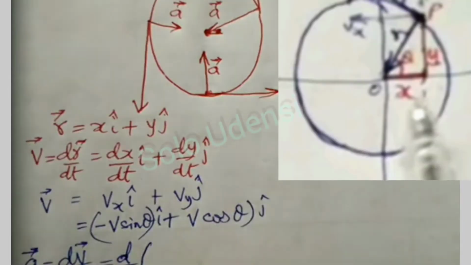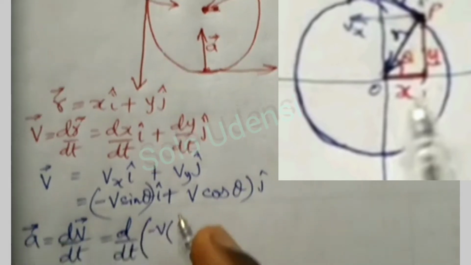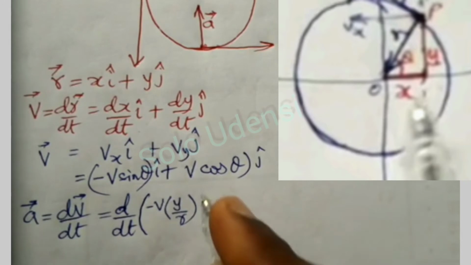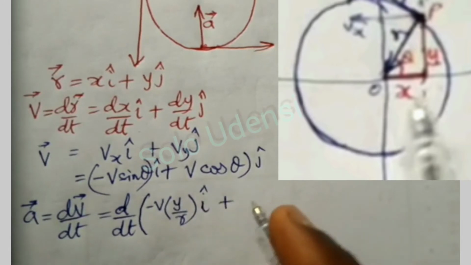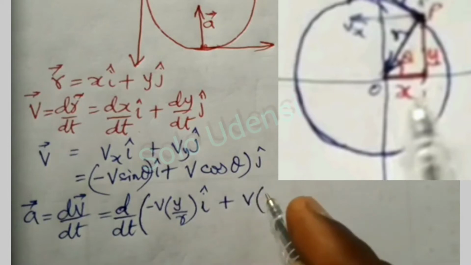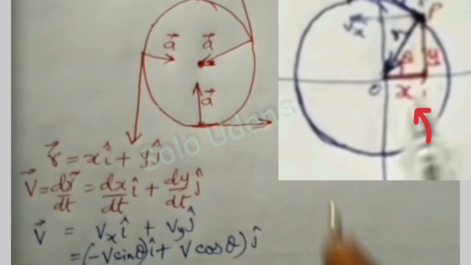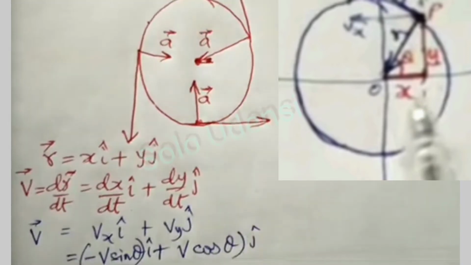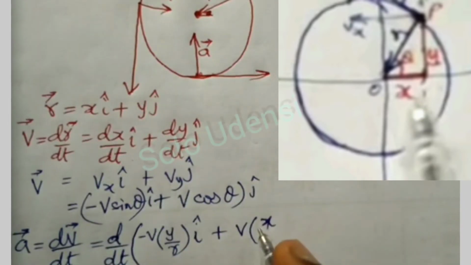So it is minus v into y over r i plus v into x over r j.